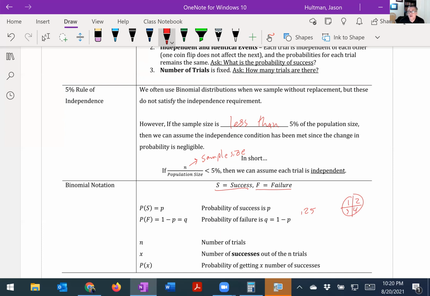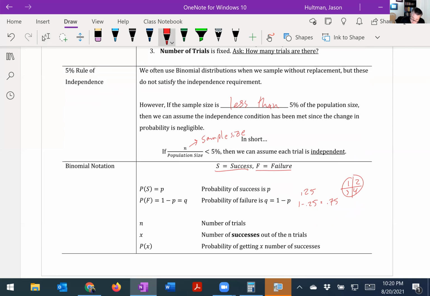The probability of getting a 1 on a spinner with 4 areas would be 0.25. What would be the probability of failing, or not getting a 1? That would be 1 minus 0.25, or 0.75, what's left over. So getting a 1, 0.25, not getting a 1, 0.75.